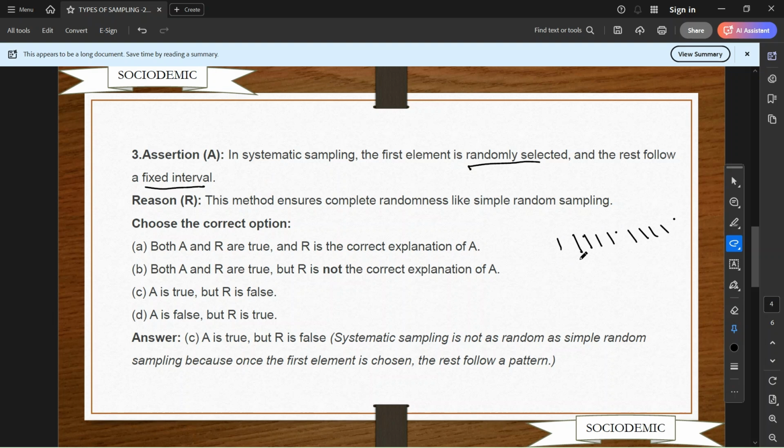For example, we select this one. From here onwards, we have to select, for example, by a formula. From this onwards, this is called n. We have to select the n plus 3 element.